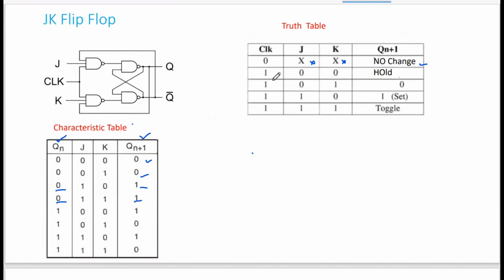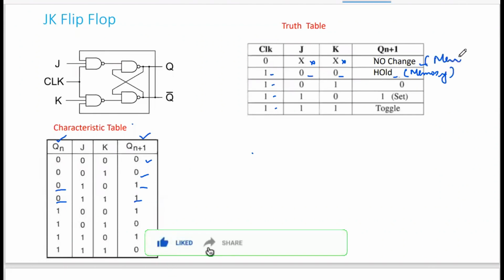And if your clock is there, where 1 denotes that the clock is there, then when J is 0, K is 0, it will hold the previous state, or we can also say this is your memory. So these states are called memory, because there is no change in the contents of your flip-flop.